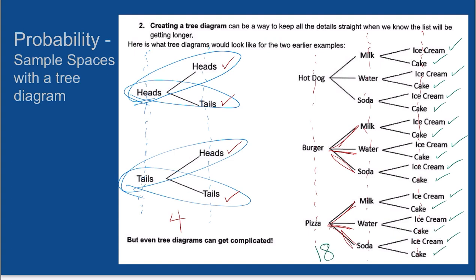There are 18 different combos that we could order just from this group of stuff offered. So a list is really good if it's just a couple of things that you're looking at. A tree diagram can be much more helpful if you've got a complicated list of things. You just need to remember how to set it up.